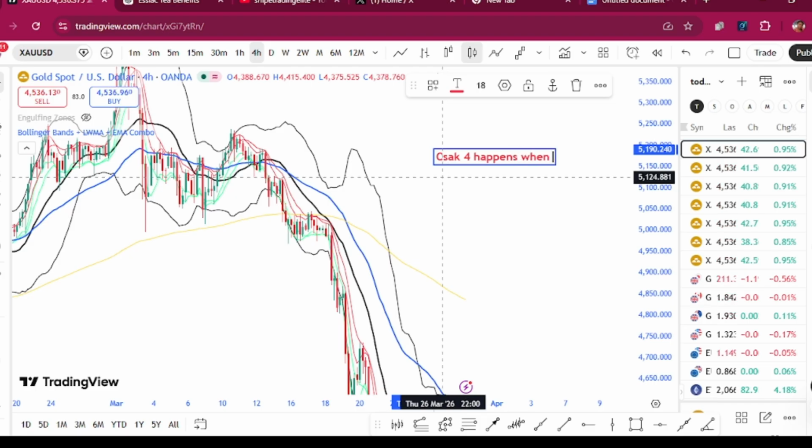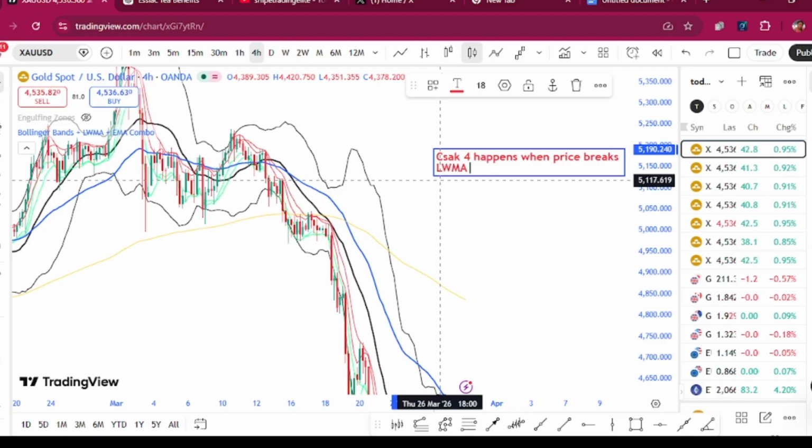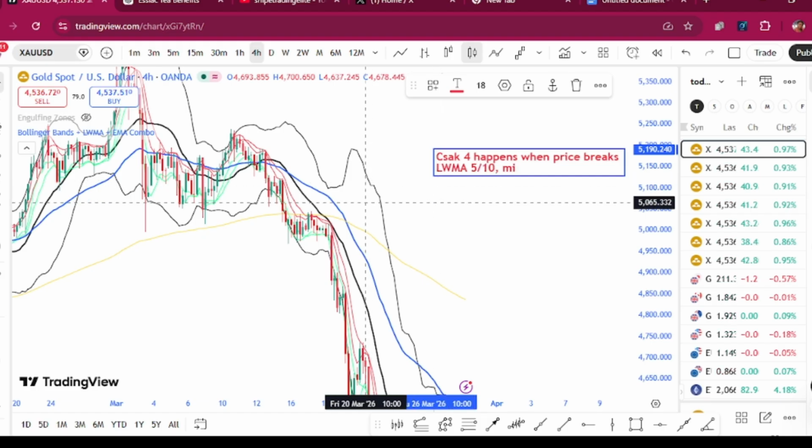CSAK4 happens when price breaks the moving average 5 and 10, breaks the mid BB, and also the EMA 50. That is when CSAK4 happens.